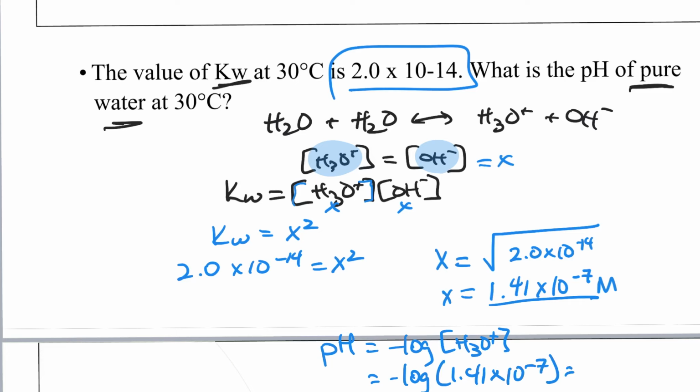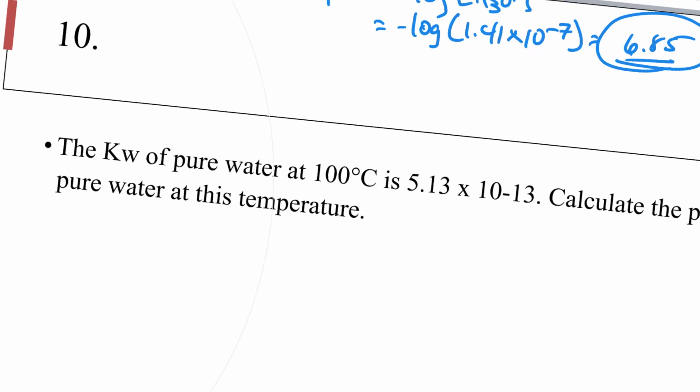When you plug this into the calculator, you get roughly 6.85, and that's your pH. It seems slightly acidic, but once again, when you change the temperature, you change your Kw. At this temperature, 30 degrees, 6.85 is the pH of water. Let's look at the next question.